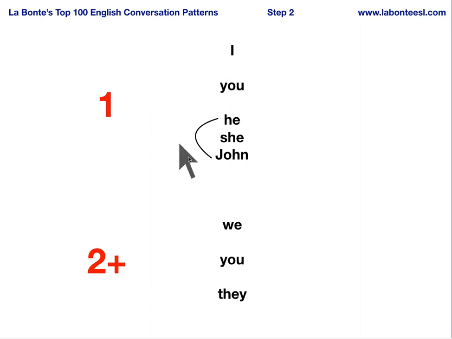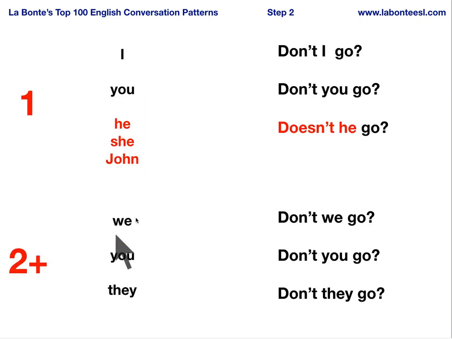But I just want to make sure they understand that there is one little exception, just as they had in their first hour with the positive question. With the negative question, there is an exception. Instead of "don't," which is used with I, you, we, you, and they, "doesn't" is used.